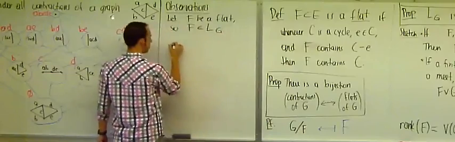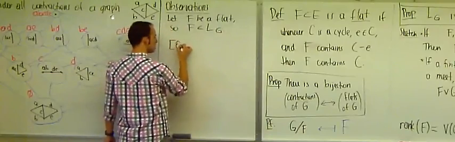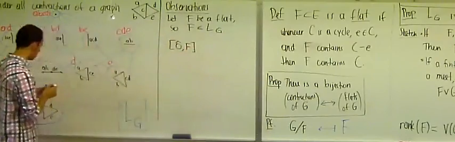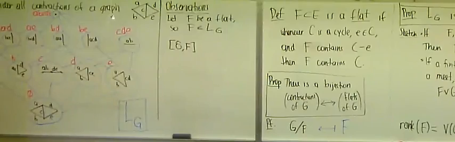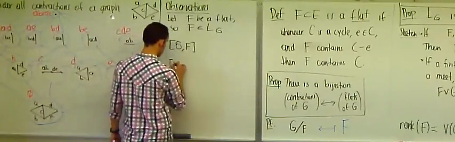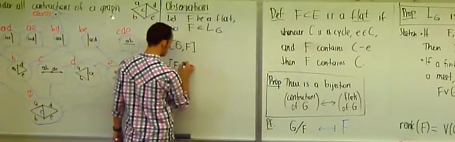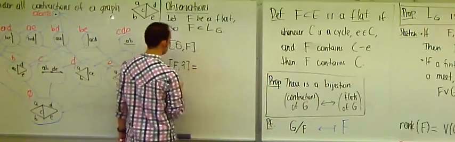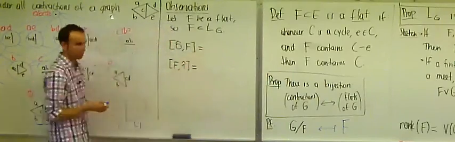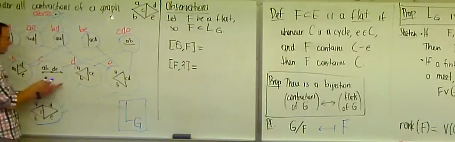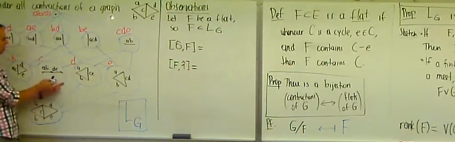Okay, so what is the interval from 0 to F, and what is the interval from F to 1? For example, it's going to be a little bit easier if I look at what is the interval from F to 1.